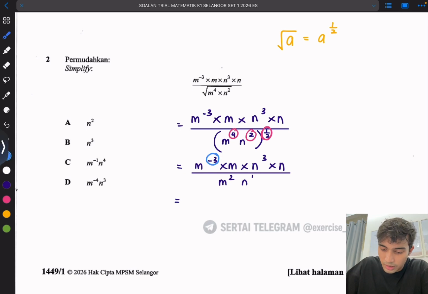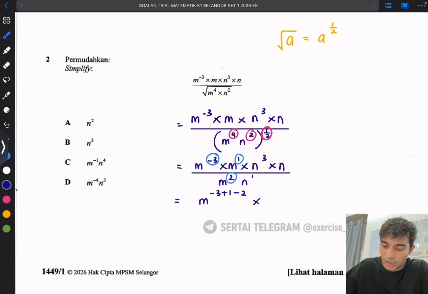So this one is negative 3, this one is power 1, then 2. So when you have times, the power must plus, and when you have divide, the power must minus. So it will become m to the negative 3 plus 1 minus 2. If times, you plus the power, if divide, you minus the power.